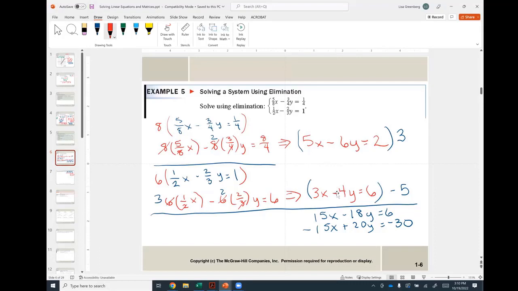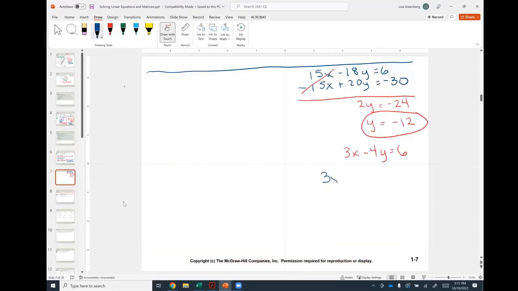I'll pick this one. 3x minus 4 times y, which we said was minus 12, is equal to 6. 3x plus 48 equals 6. 3x equals negative 42. x is going to equal negative 14. I have x is equal to negative 14. y is equal to negative 12.